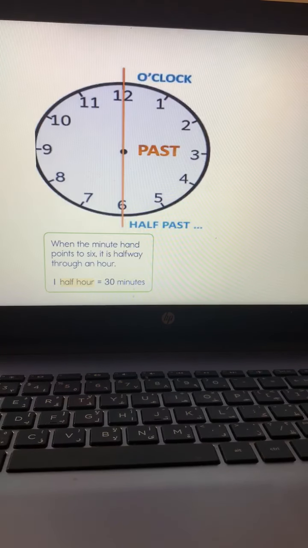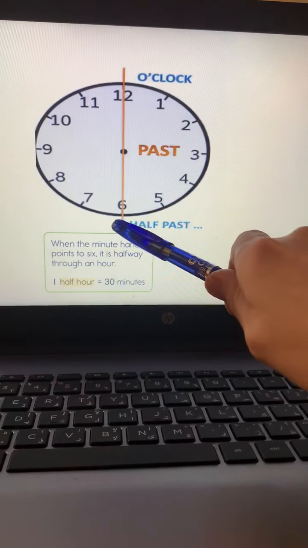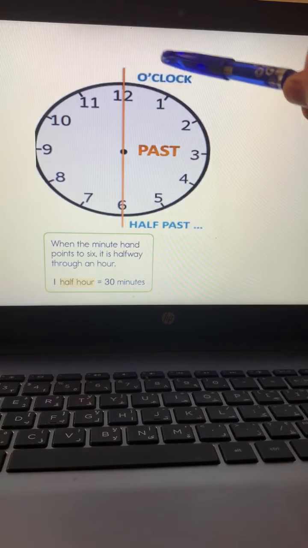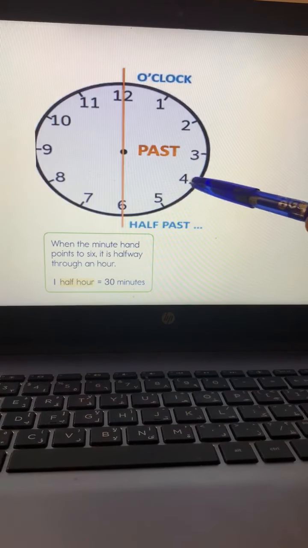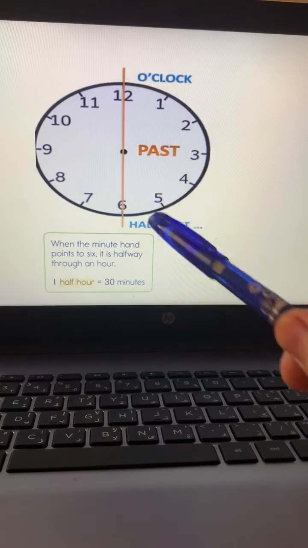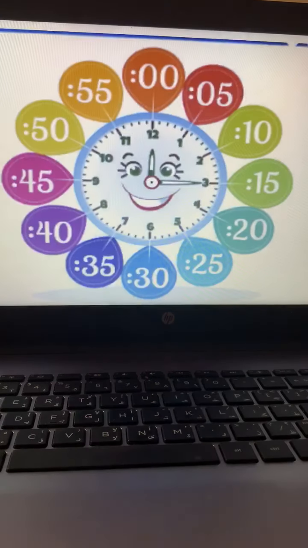It also shows us exactly the middle. If 1 hour equals 60, half an hour equals 30. Let's count: 5, 10, 15, 20, 25, 30. That's why if the long hand points to number 6, we will say it's half past.